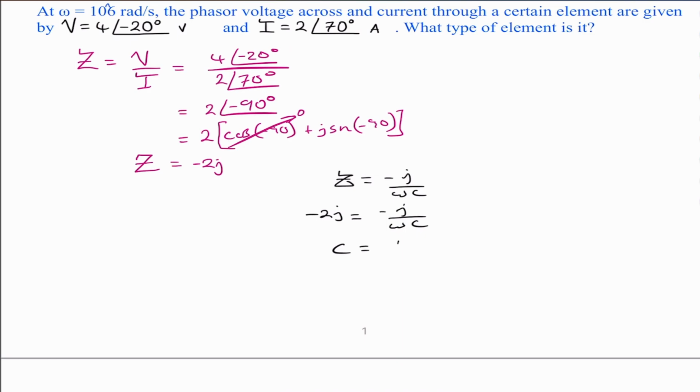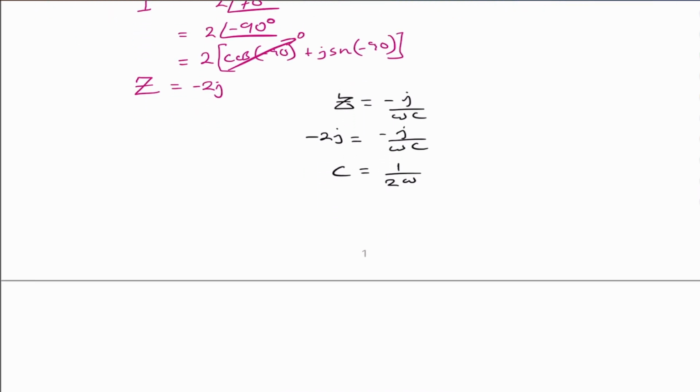When we solve for c, we end up with 1 over 2 omega, which is 1 divided by 2 times 10 to the 6. 1 over 2 is 0.5, and 10 to the negative 6 is micro, so that's 0.5 microfarad. So the capacitance of the capacitor is 0.5 microfarads, and the element is a capacitor, obviously.